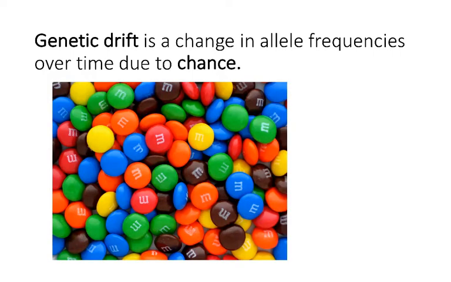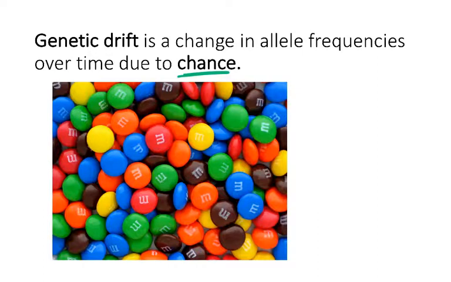So what is genetic drift? Genetic drift is a change in allele frequencies over time, so across generations, for instance, specifically due to chance. Often the example that's used to illustrate this is thinking about a quote-unquote population of M&Ms. Each color is a different allele.